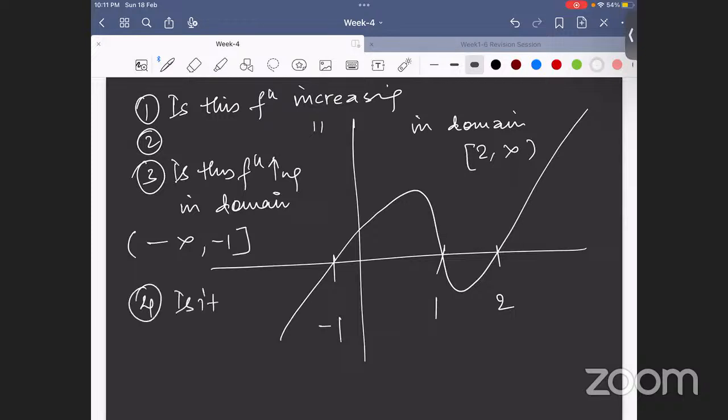Is it decreasing in 1 to 2? How many of the options are correct? Only 1, only 2, only 3, only 4, or all 4.